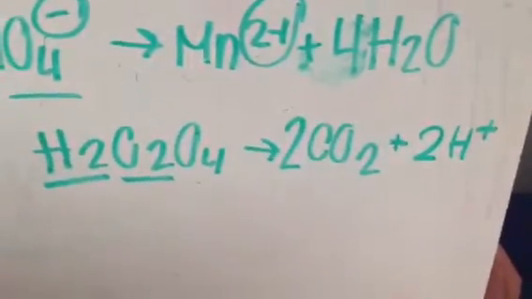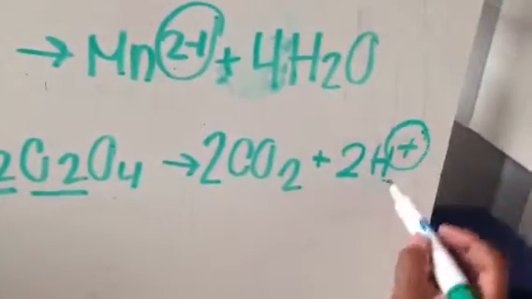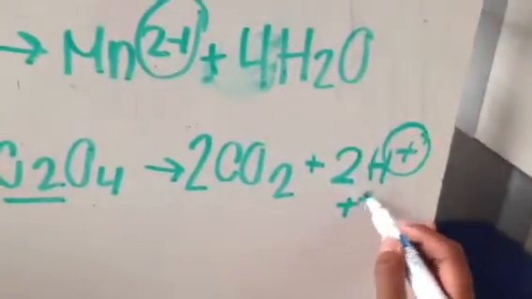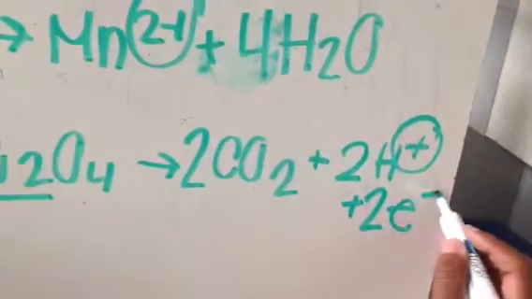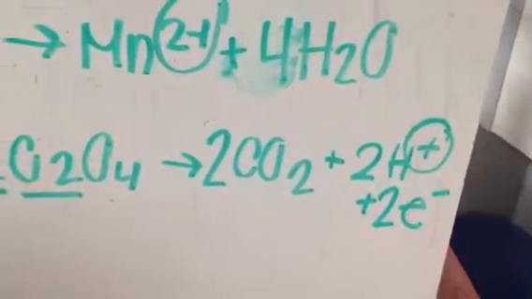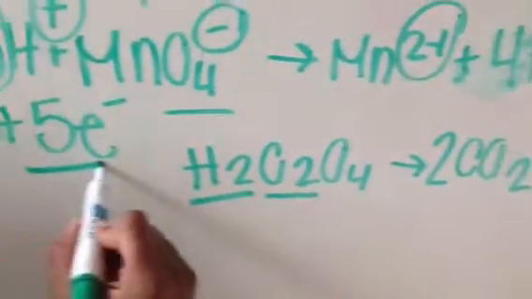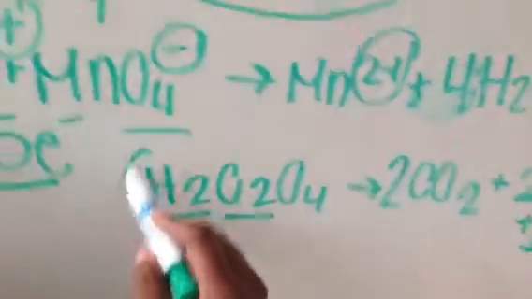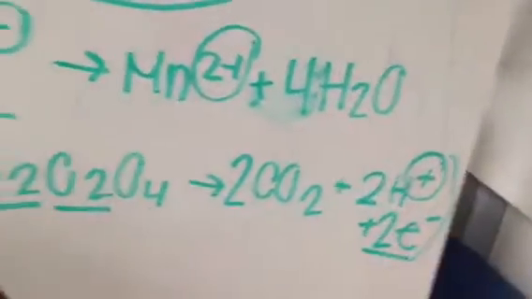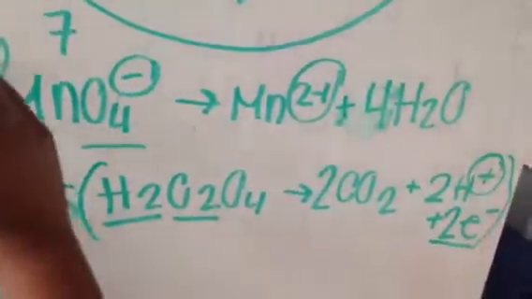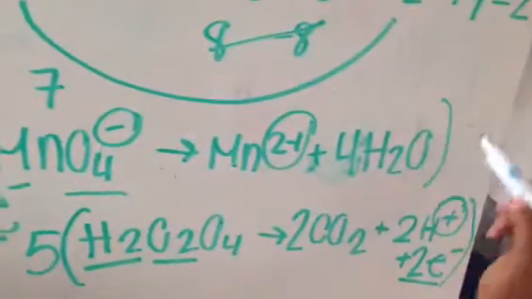And because there's a 2 plus charge on this side, we'll have to add 2 negative charges. And now we have to balance both sides of the equation. So we have a 5 negative charge here and 2 negative charge here. So that means we'll have to multiply this by 5 and multiply the top one by 2.